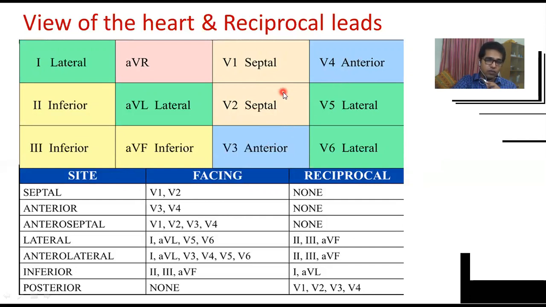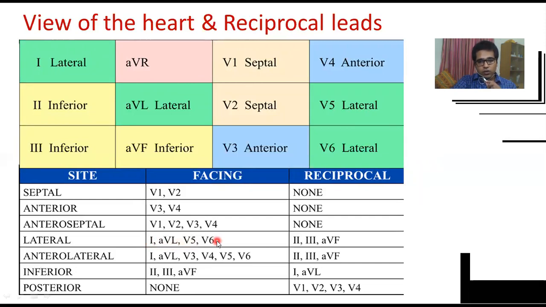So these are the different views of the heart. We can record with different electrodes from different angles. Another thing I want to mention: the lateral surface is represented by the lateral surface leads, which are lead 1, AVL, V5 and V6.